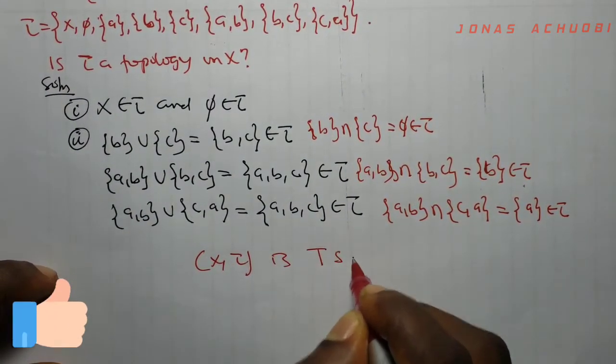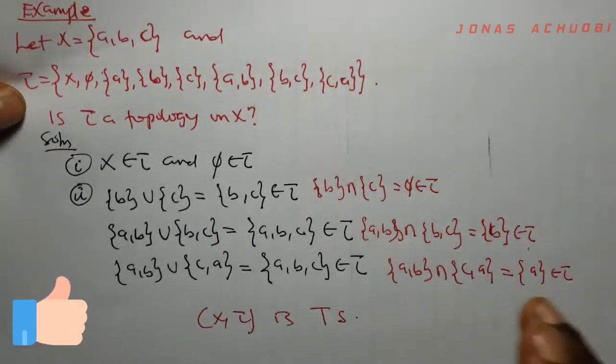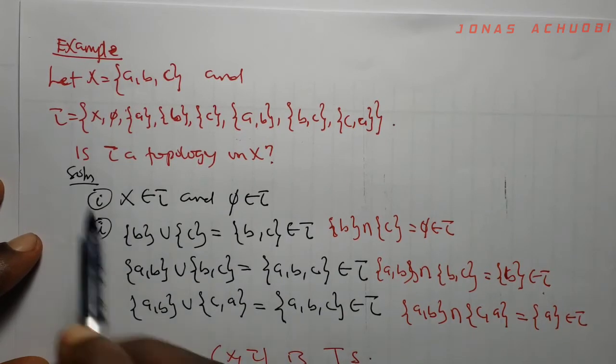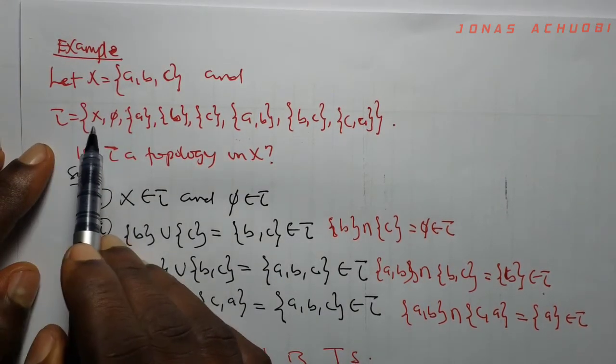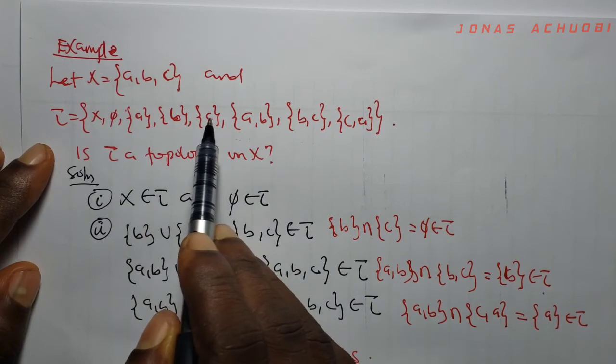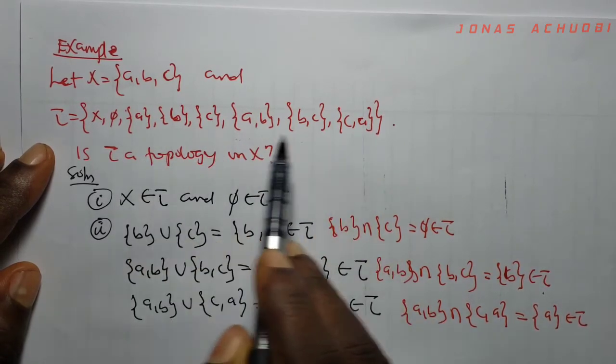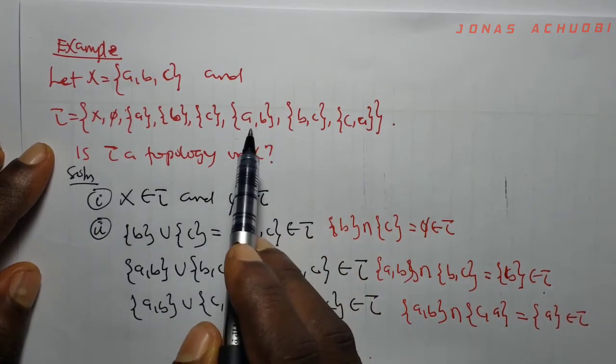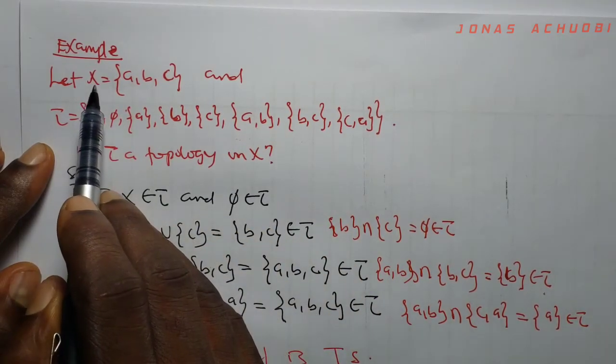A topological space. But what do we observe? We do observe that this collection tau has 1, 2, 3, 4, 5, 6, 7, 8 open sets. And these open sets are all the subsets that can be obtained from the set X.